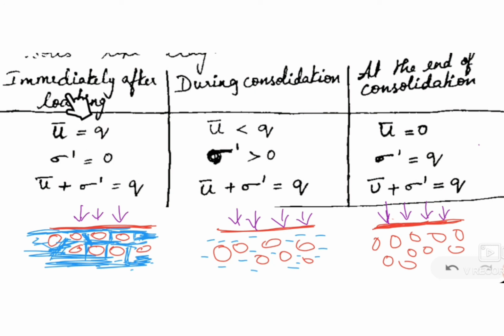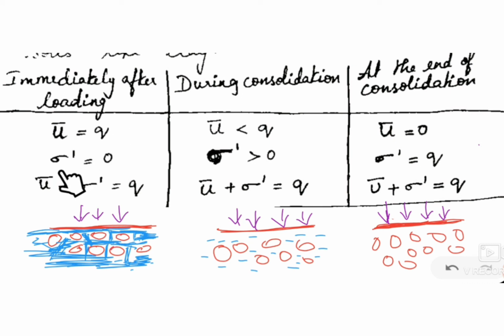When a load is applied, say a building load on the ground surface, some load is applied for consolidation purposes. The pore water will take the immediate load that is being applied. Your pore water will take that load as soon as the load is applied, that is, immediately after loading.